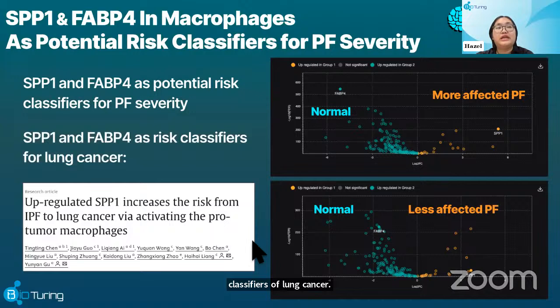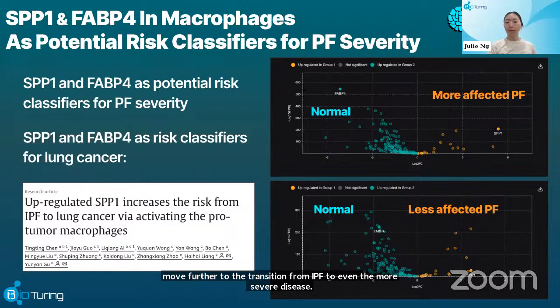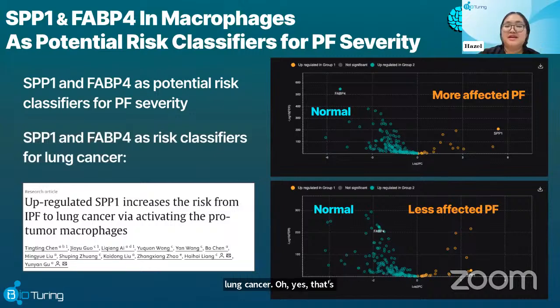Not only to predict the severity in pulmonary fibrosis, but also the transition from IPF to an even more severe disease, lung cancer. That's interesting to know, because as you may have attended our previous sessions, we talk about SPP1 and FABP4 macrophages quite a lot.